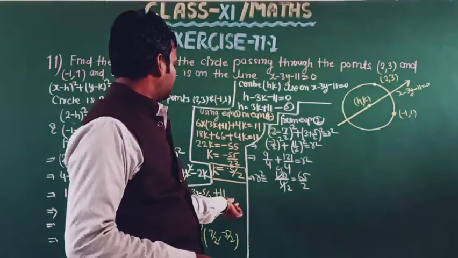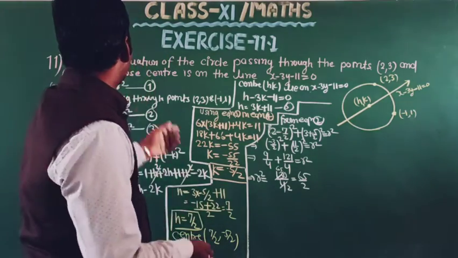Now using the values of h, k and r square in equation 1.